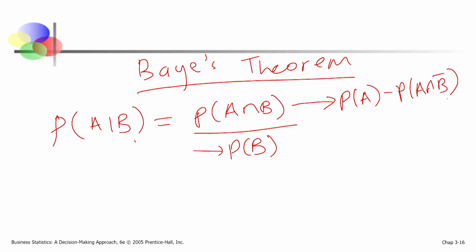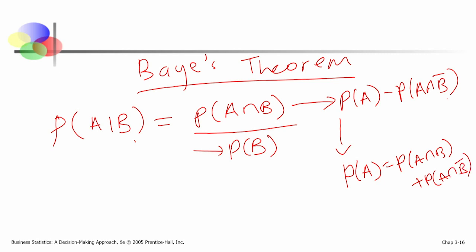Because where are we taking this from? From here, the probability of A, total probability. There's something referred to as total probability: the probability of A intersect B plus the probability of A intersect not B. So if you don't have this but you have that, you can find it.